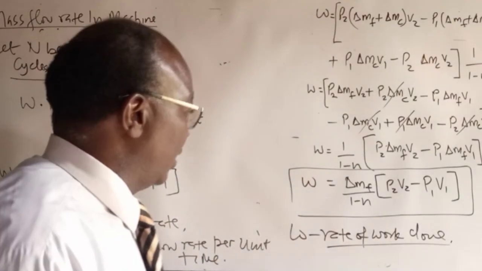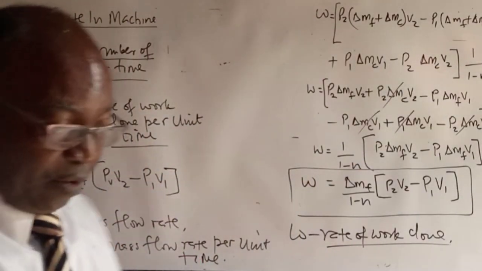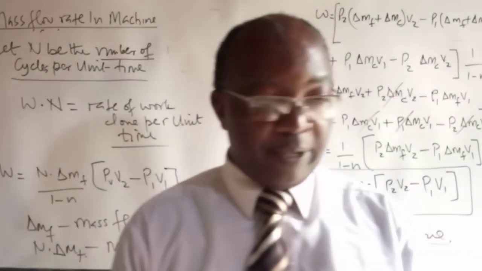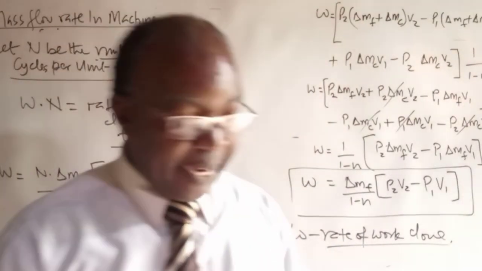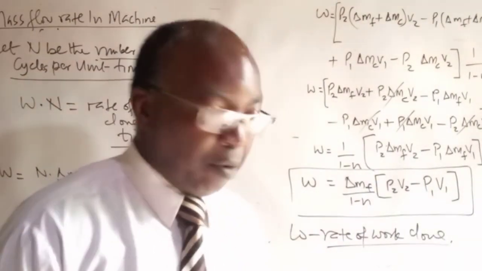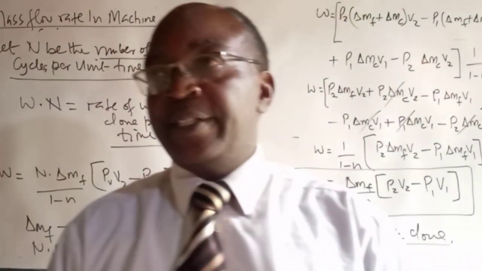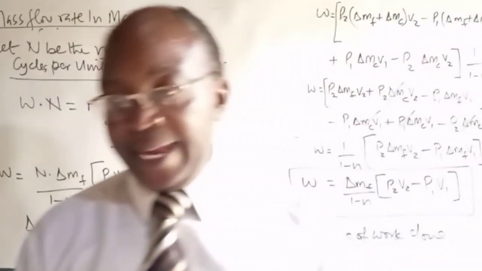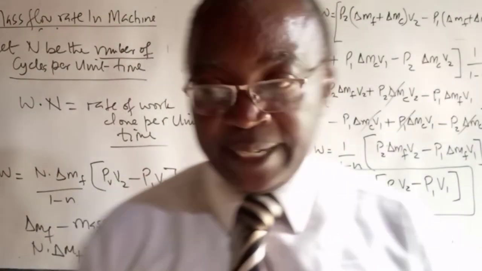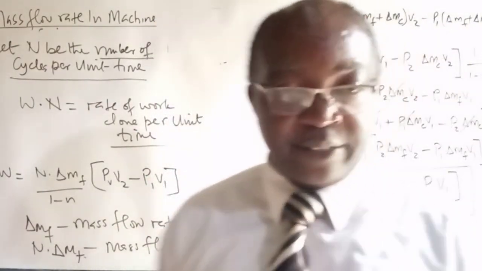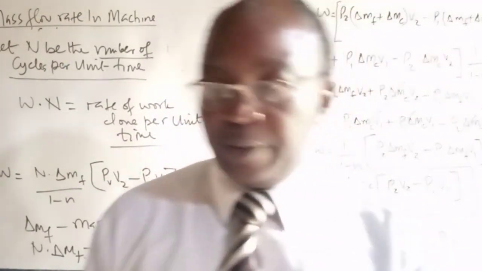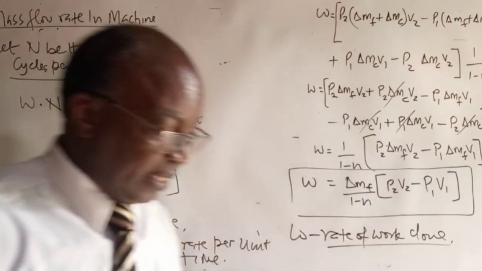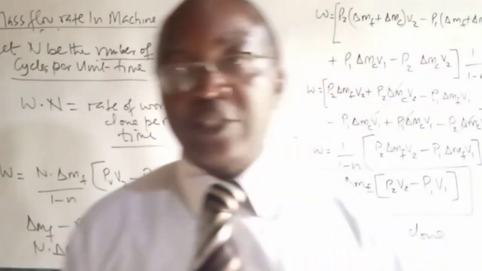And always just remember that where we have mass transfer, we have assumed there's no work done for those processes where we have mass transfer. And then in the adiabatic expansion and adiabatic compression, we have assumed that the system obeys the polytropic equation of state, that is PV raised to power n, where n is our polytropic index, or expansion compression index, is equal to a constant, and we have worked with that, and that gives us these particular quantities for work done in that machine cycle. So we'll stop at that point.